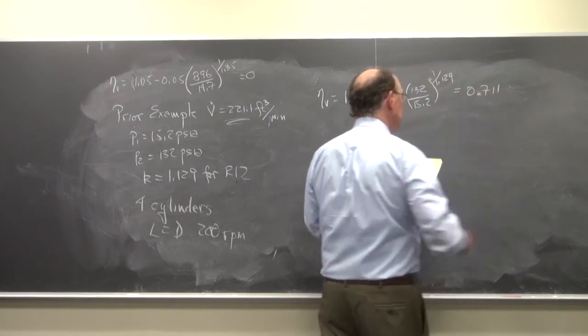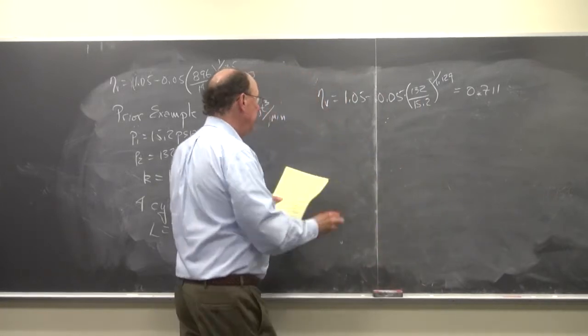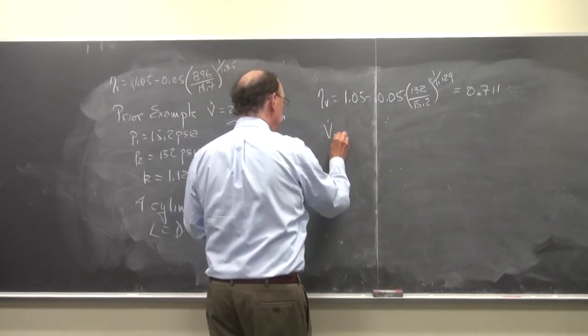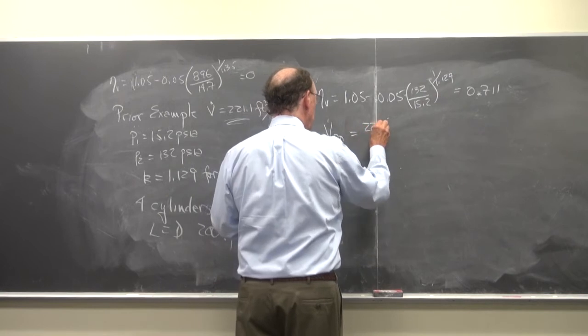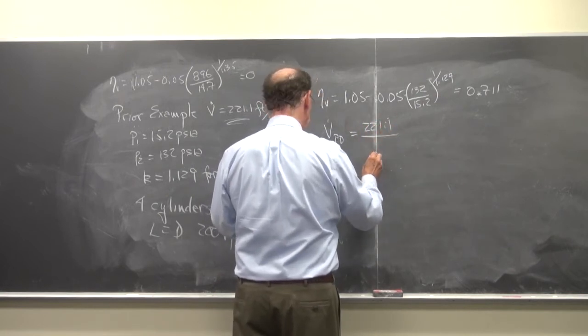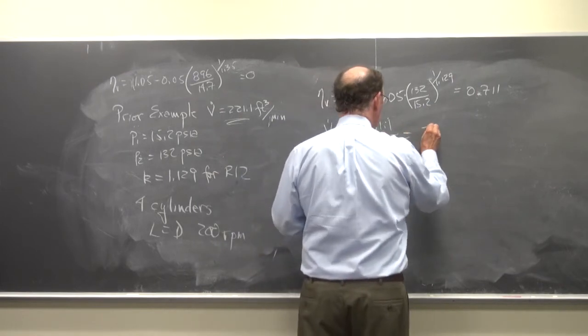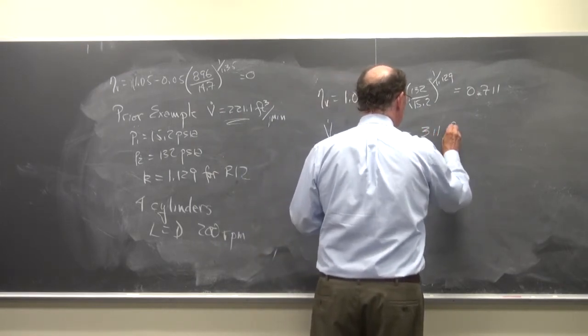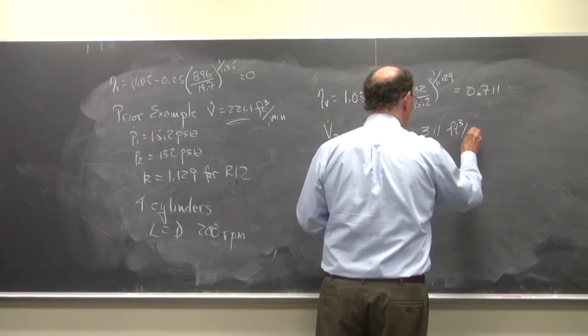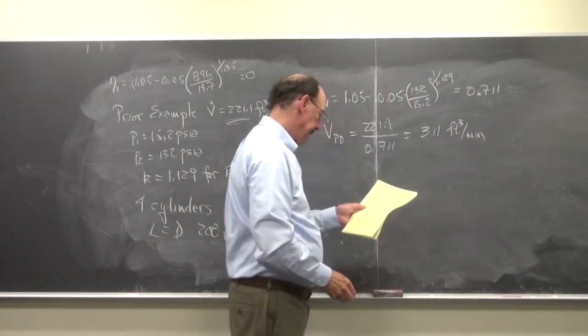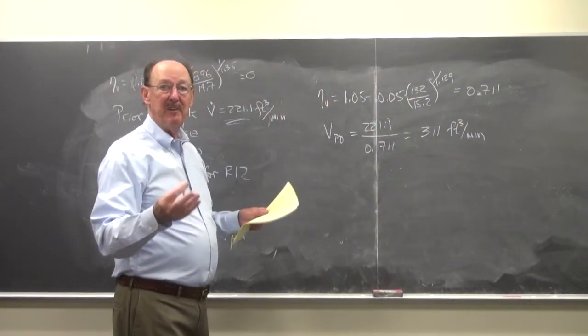which is equal to 0.711. So it's 71.1%, and so V dot sub PD is equal to 221.1 over 0.711, which is equal to 311 cubic feet per minute. And so now let's find it per cycle.